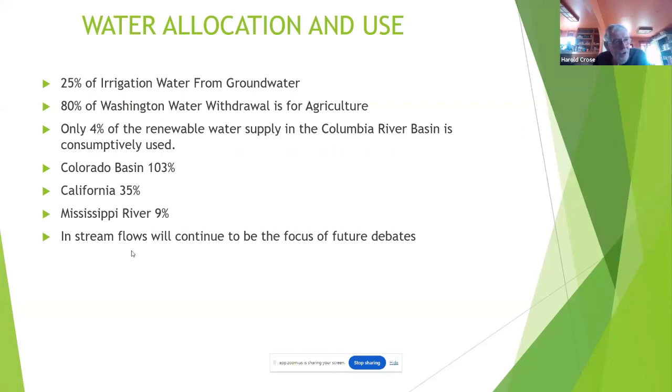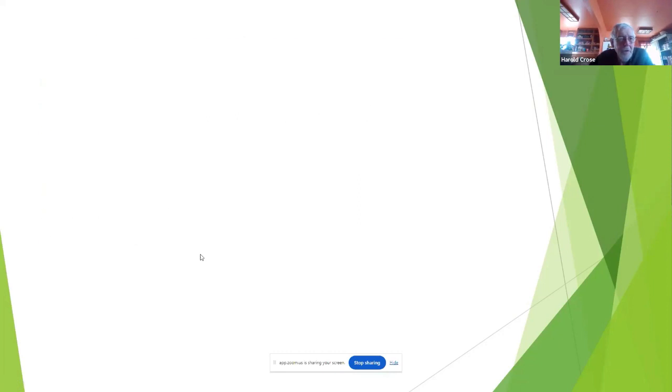I know that debate's going on in the state of Washington, and things like adjudication for water right purposes. The Kittitas Valley went through that. The Columbia Basin hasn't yet, but I think over on the coast right now, maybe Skamania County, I'm not sure exactly, is going through that debate on water use right now.